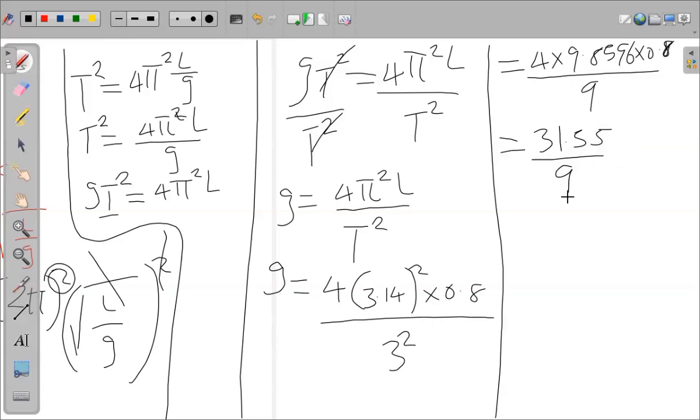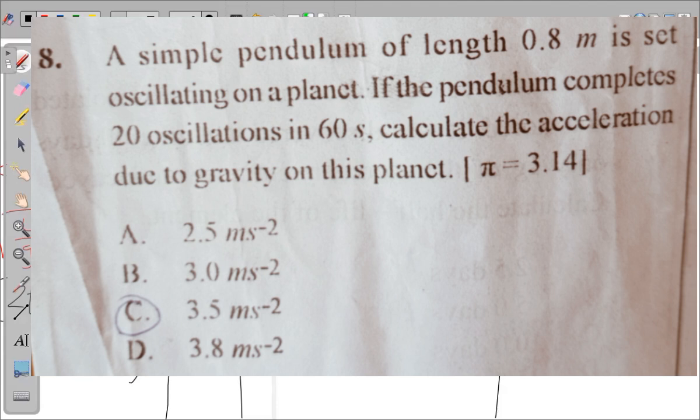If I divide it by 9, I'm going to have 3.51 meters per second squared. That's the unit of acceleration due to gravity. And if you look at the question there, the correct answer is C, which is approximately 3.5. That is our correct answer.